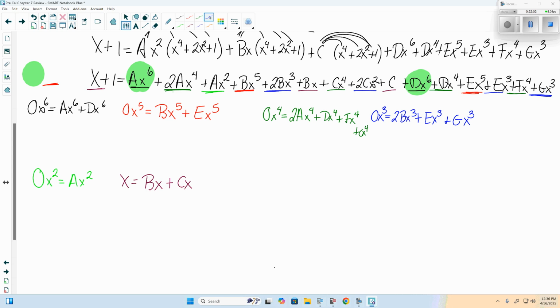And then cubed, 2bx to the third, ex to the third, gx to the third. Now we're at squared: ax squared plus 2cx squared.